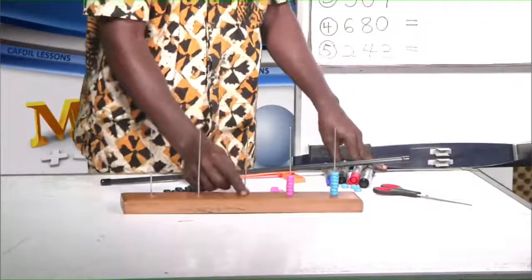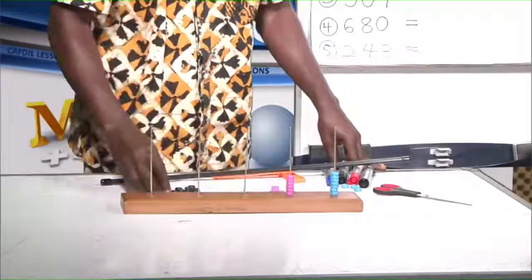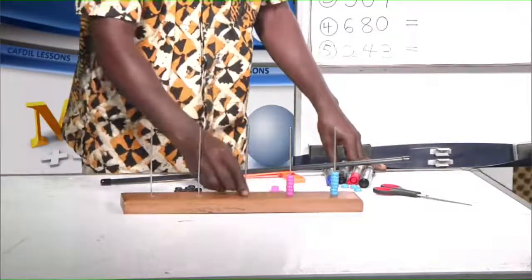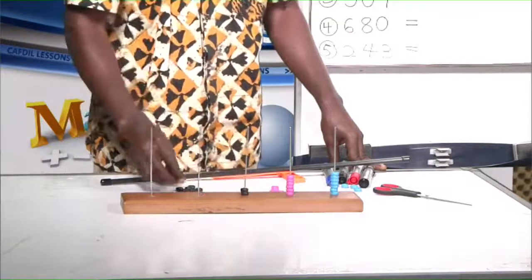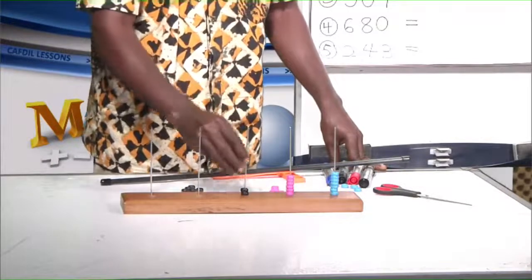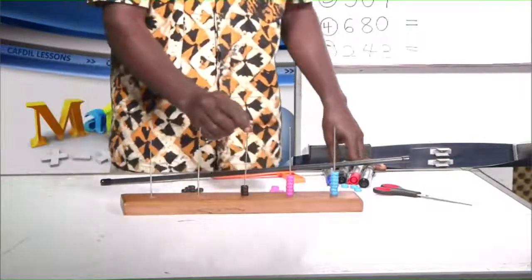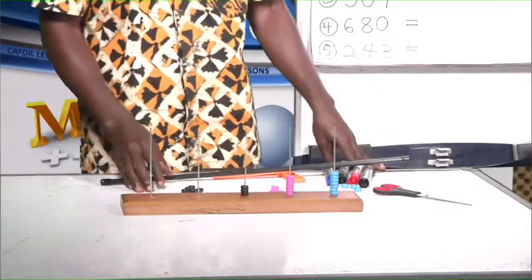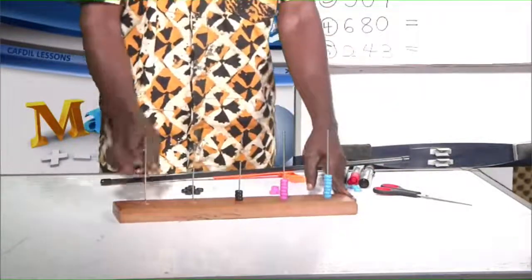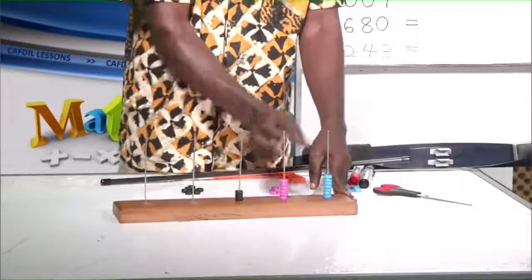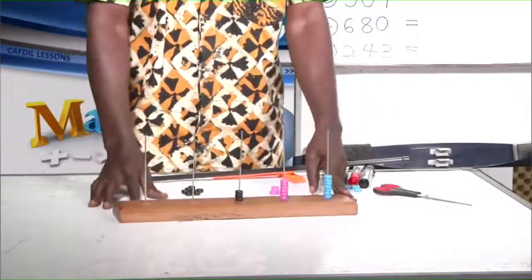Now let's come to the hundreds column. We have 1, 2, 3. So now we have 3 beads under the hundreds column. Now we have to separate these digits.